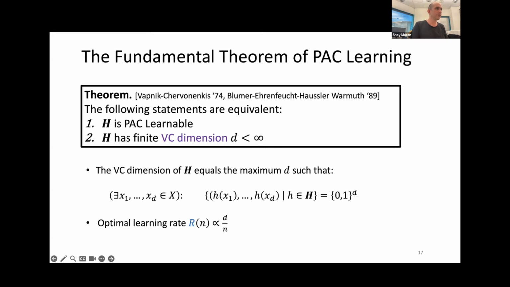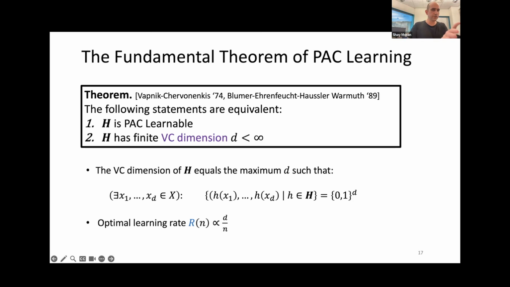Because you can never see a 1 followed by a 0, so you cannot shatter 2 points. More generally, for half spaces, it is d, or d plus 1 if you take non-homogeneous ones, and this is a nice problem to prove.